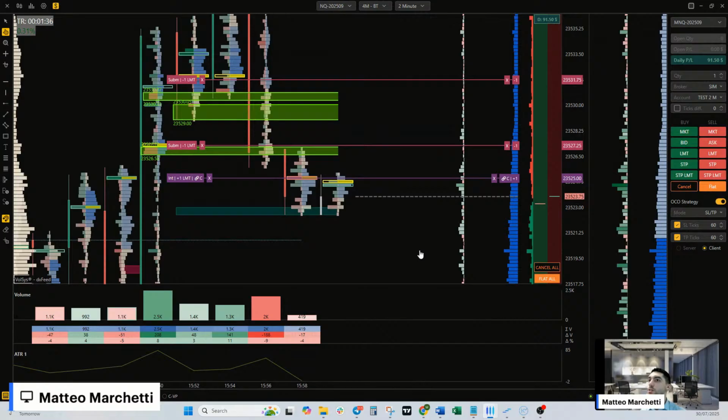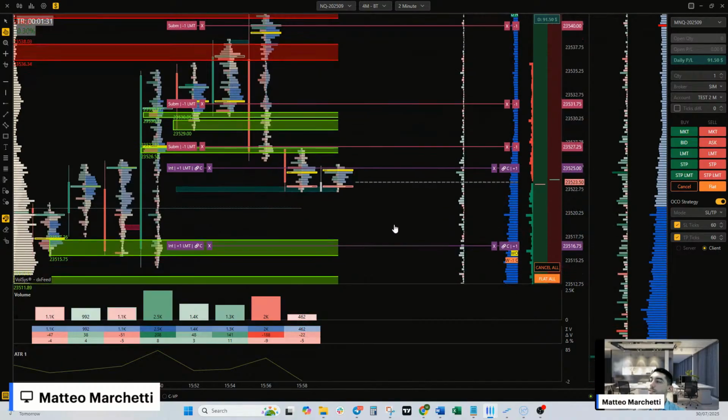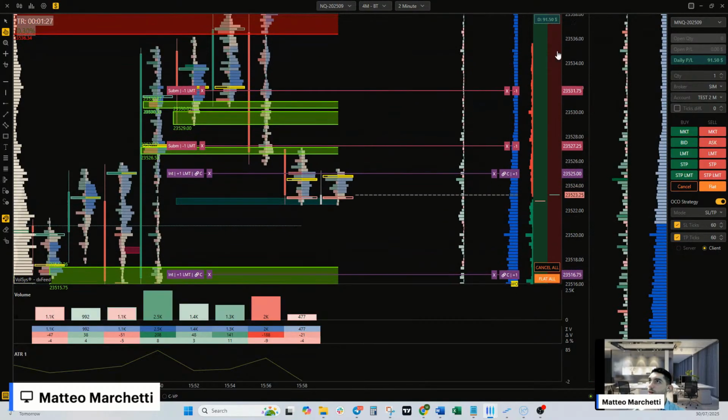So let's see. I'm not in yet, and yeah, it's falling without me. Hopefully. I also see huge liquidity down there till 516. So until here, this is a nice point.